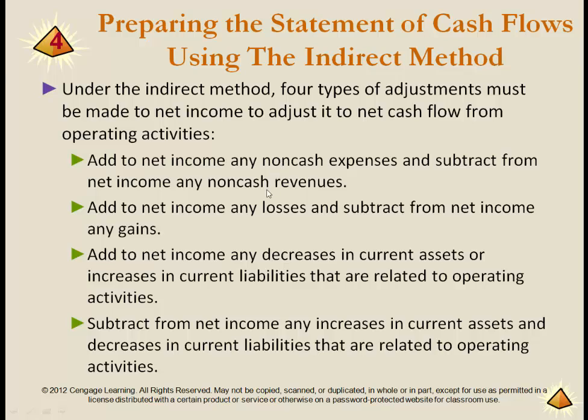This loss here has to do with long-term assets. If you have a sale of a long-term asset, it says add to net income any losses. So you're adding back the losses and subtracting from net income any gains. And then it's just increases and decreases in current assets and current liabilities. That's all that is from here.